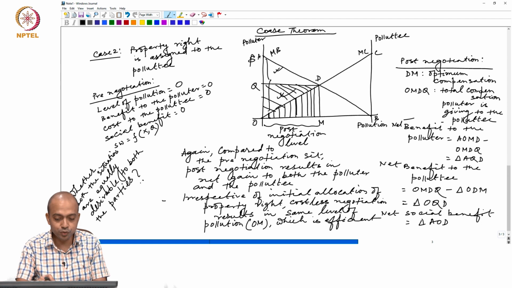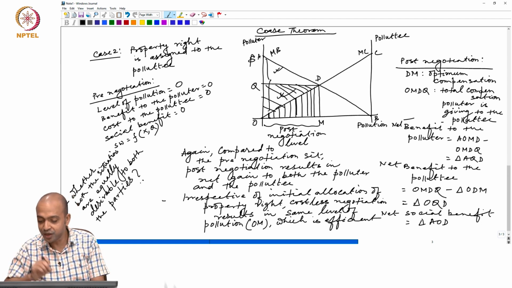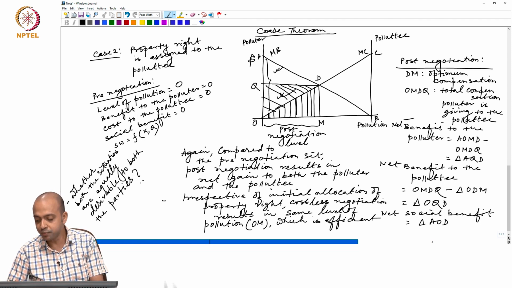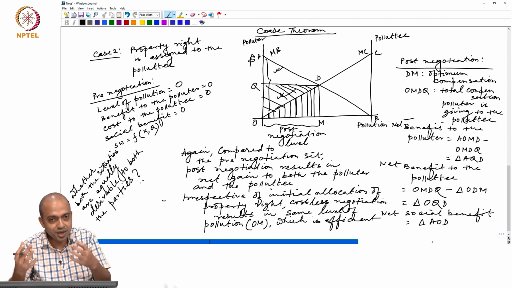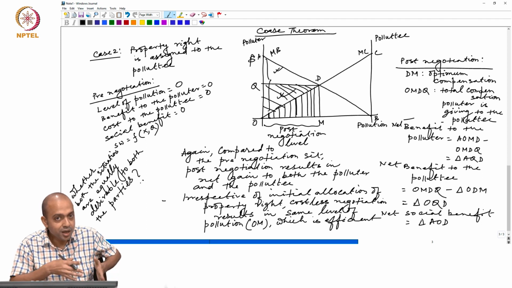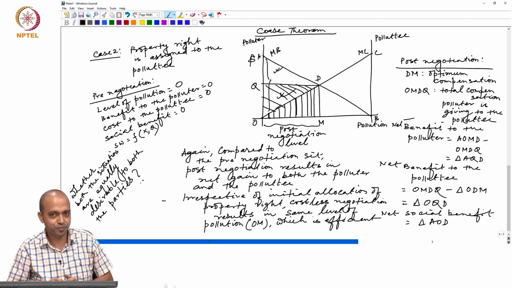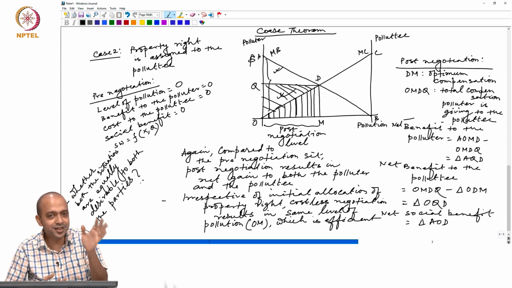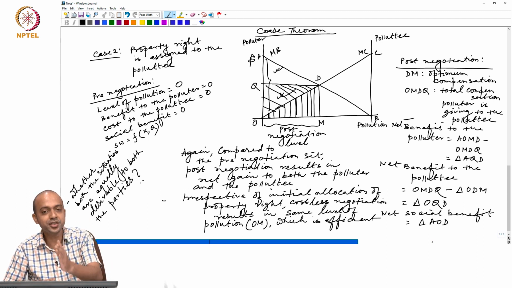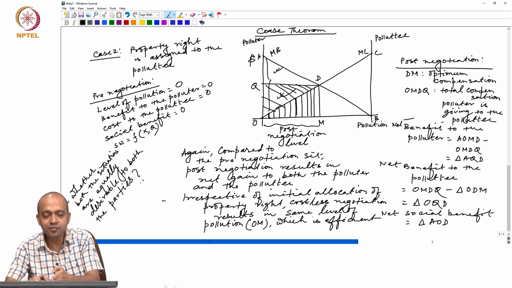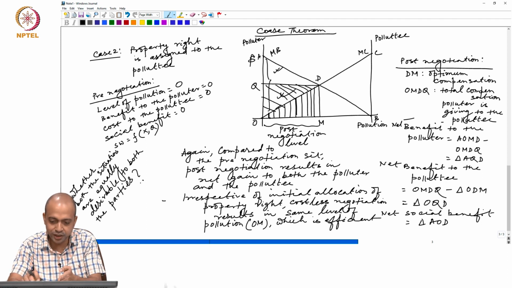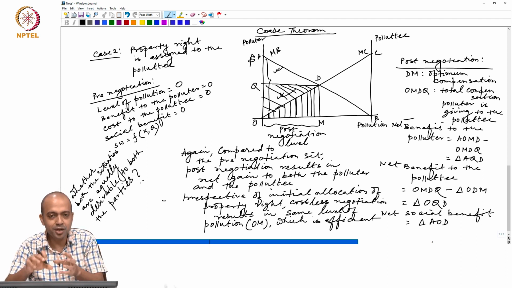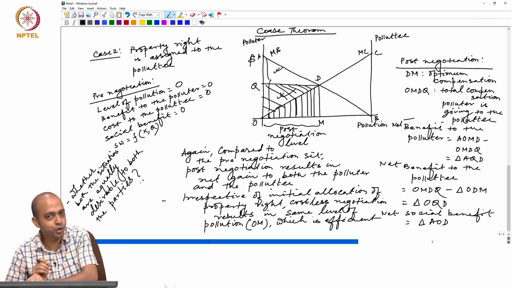The pollutee has a benefit measured by OQD, that is the net benefit. So, some money is coming into the pollutee's pocket.